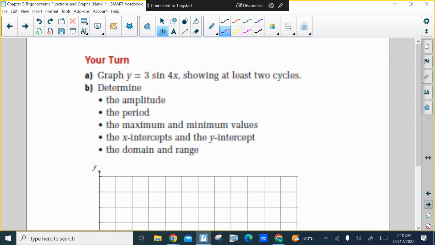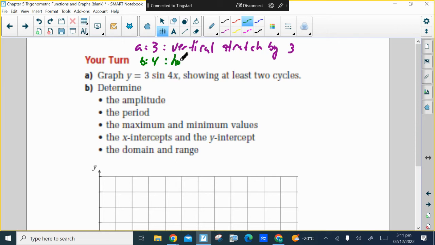Okay, last one, we want to do the graph of 3 sine 4x. So here we have an a value of 3, so that's going to cause a vertical stretch by 3. It means our amplitude is 3. We have a b value of 4.